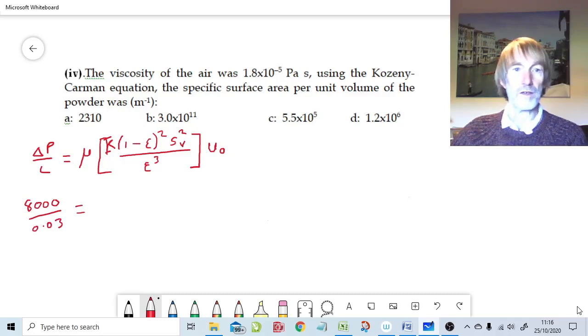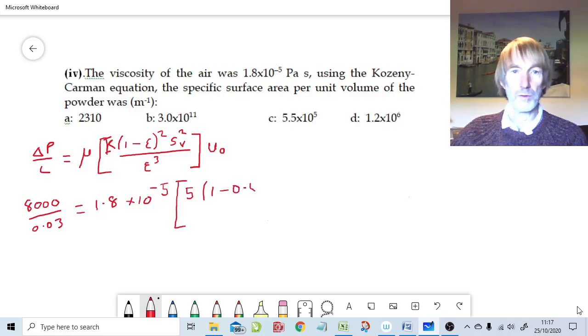We're told here to use a viscosity of 1.8 times 10 to the minus 5 Pascal seconds, that's SI unit. Inside the brackets we have a Kozeny constant of 5. We then have 1 minus 0.42, so let's write it out rather than do the calculation.